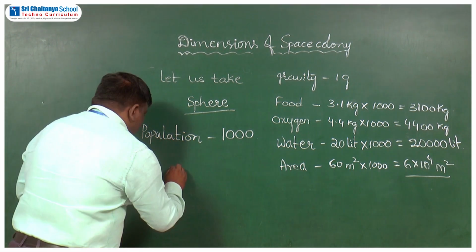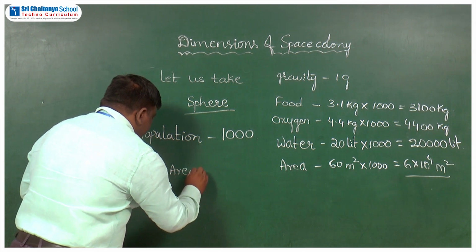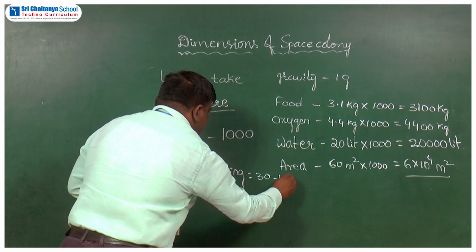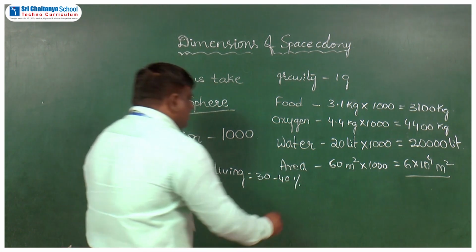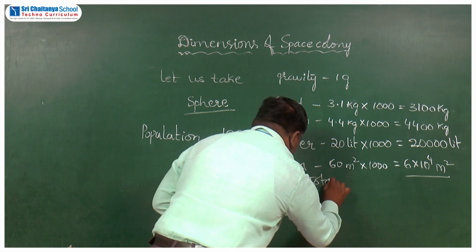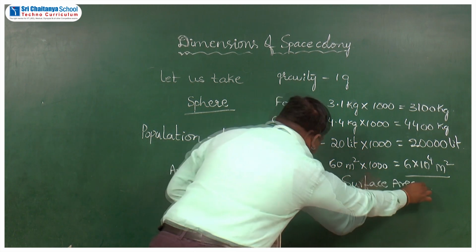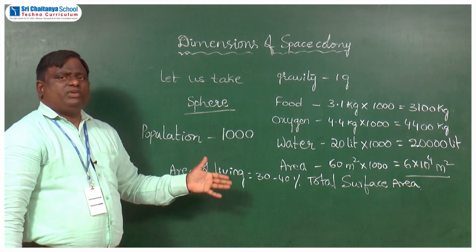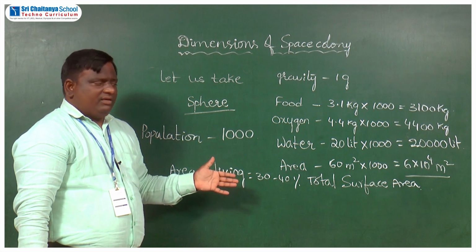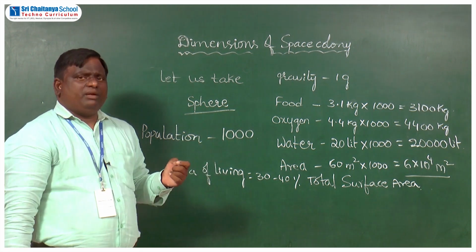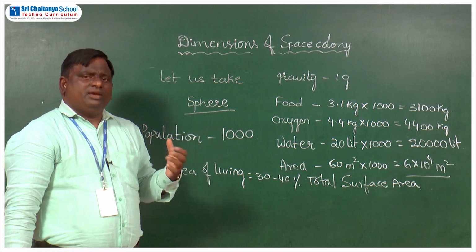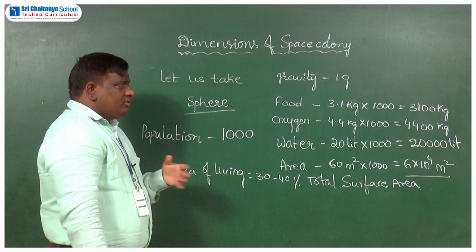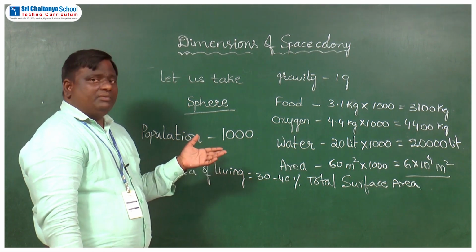So the area of living is equal to 30 to 40% of the total surface area. And as I mentioned, 6 into 10 power 4 meter square area is for living. Now, what should the total surface area be?